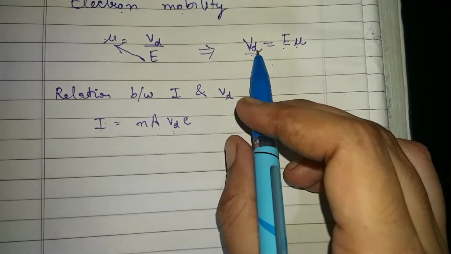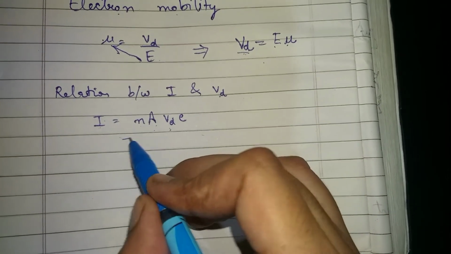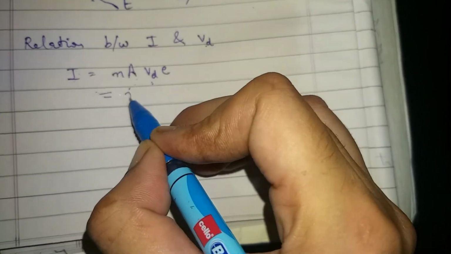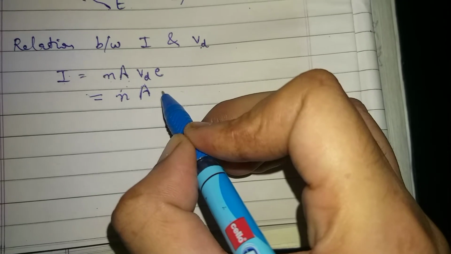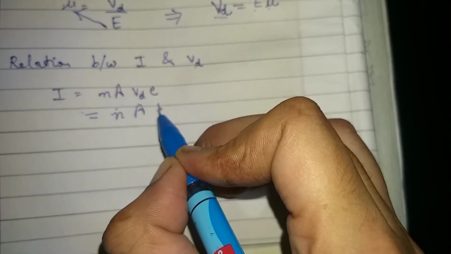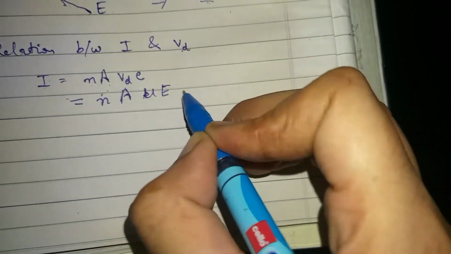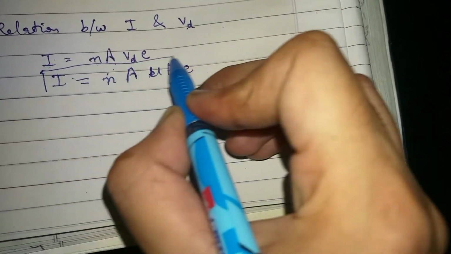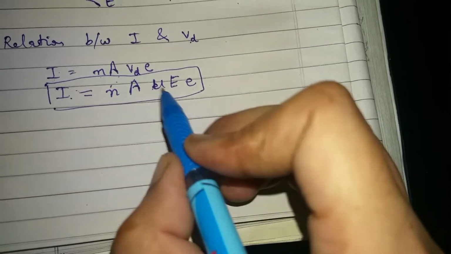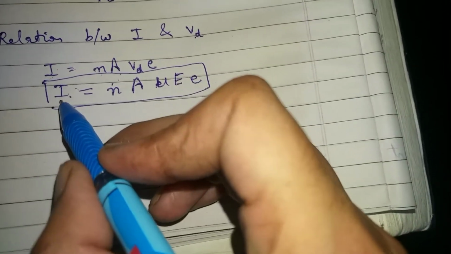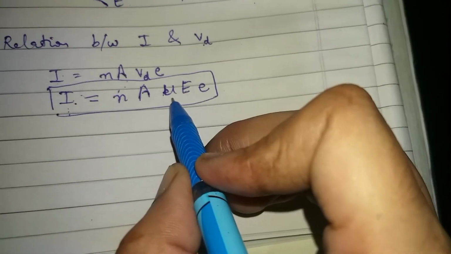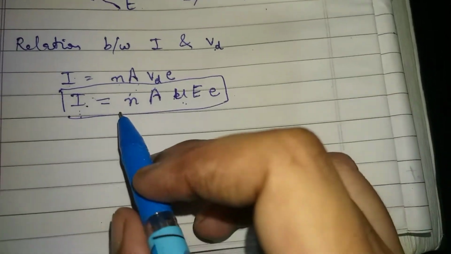If I put the value of drift velocity here, the equation will be I equals nA mu E e. This is the final expression for the relation between electric current and electron mobility. This is another formula of electron mobility.